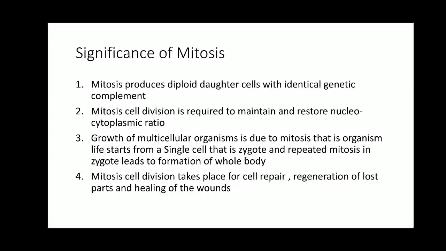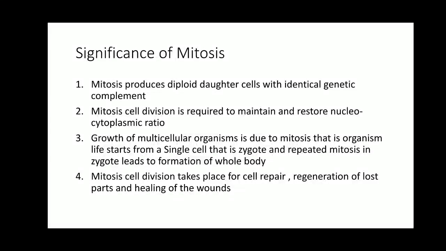Growth of multicellular organisms is due to mitosis. Yes, that is, organism life starts from a single cell that is known as zygote, which is formed from the fertilization of male gamete and female gamete.